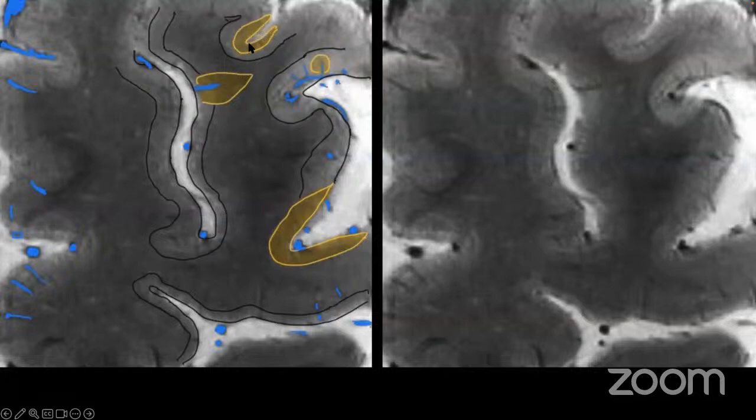What is more prevalent is the subpial demyelination pattern. If you can see, this is a sulcus. A typical appearance of a subpial lesion is a lesion that starts to demyelinate the cerebral cortex, but not to the full thickness of it.